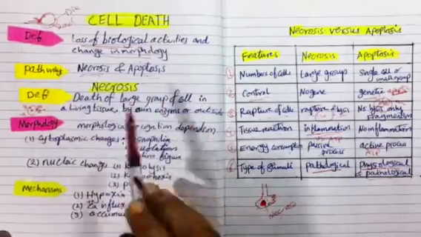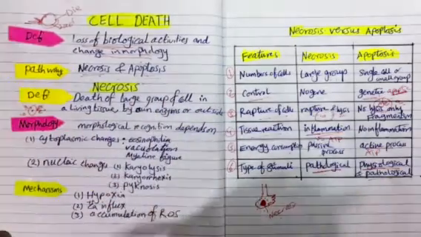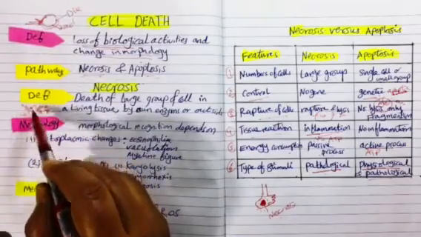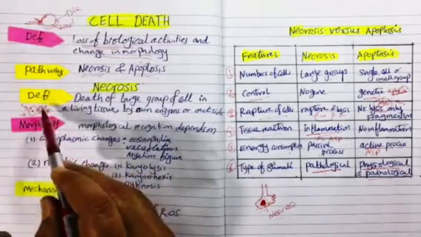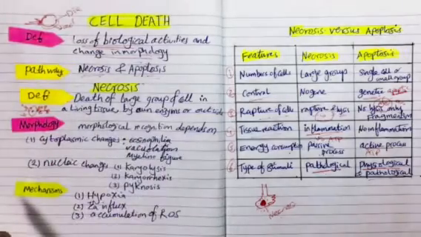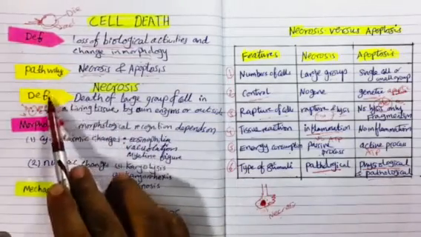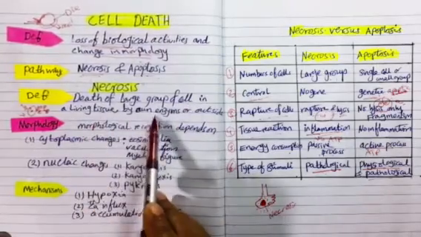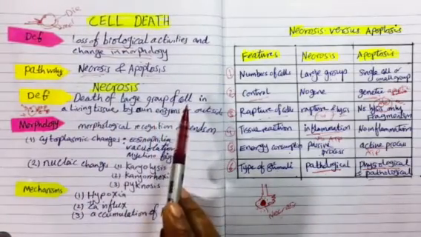Autolysis is by their own enzymes. Heterolysis is by enzymes from outside, like inflammatory cells: neutrophils, eosinophils, lymphocytes, macrophages. So this is the definition of necrosis: death of a large group of cells in a living tissue by autolysis or heterolysis.